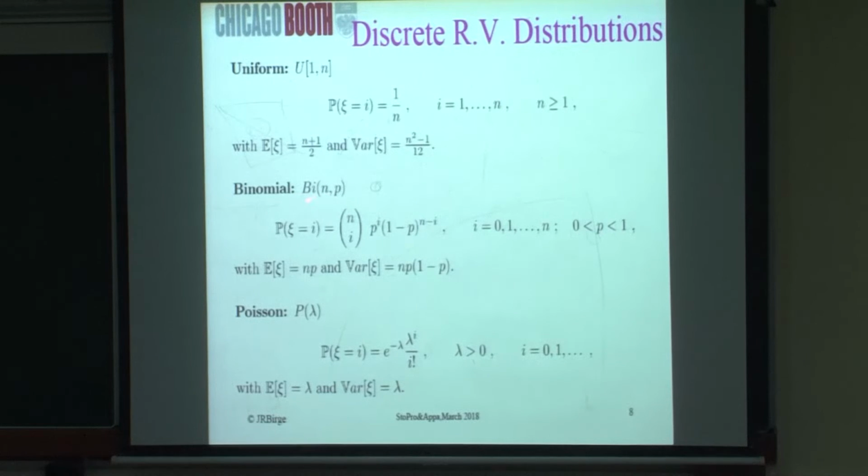Now it turns out the binomial is also related to the Poisson random variable. Okay, so the Poisson random variable is what you get if the number of trials actually increases such that you're kind of continuously taking a trial, but you're dividing up the time in which you take the trial.